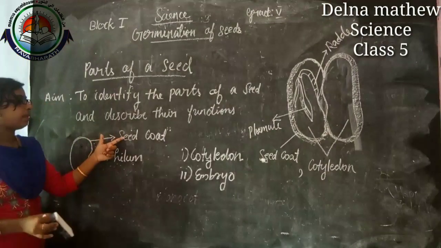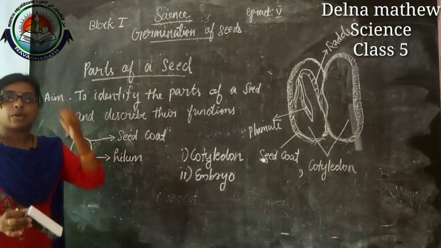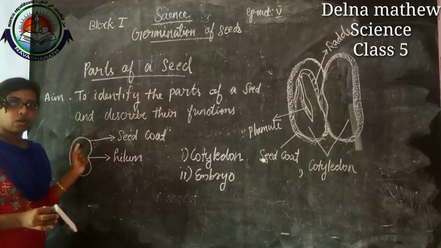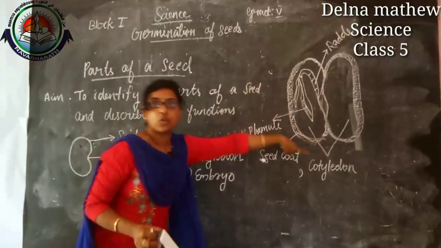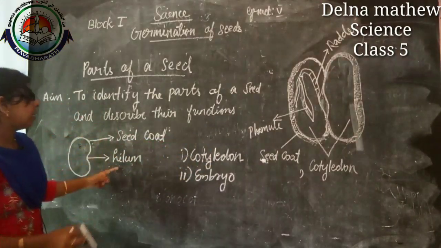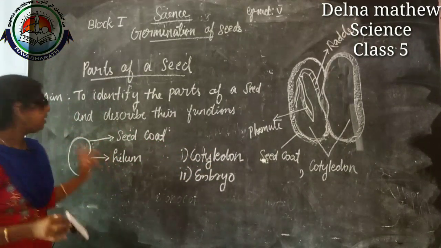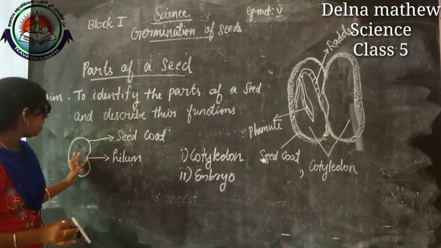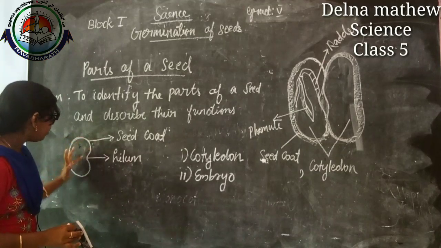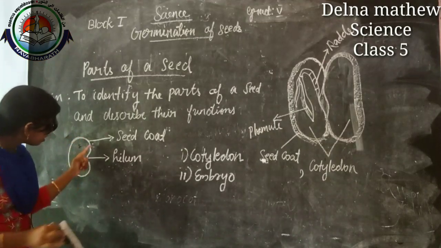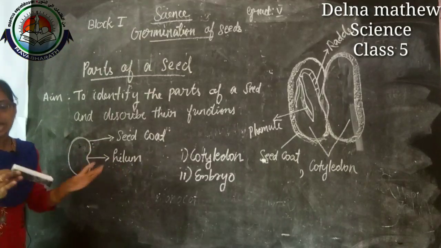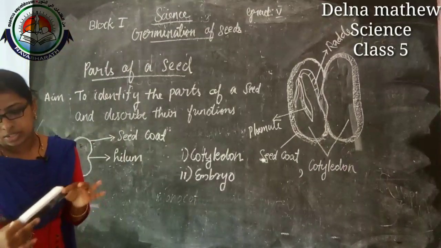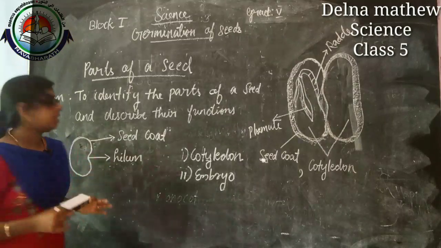The second one is the hilum. The hilum is like a mark, an inside curve, and this hilum attaches the seed to its spot.